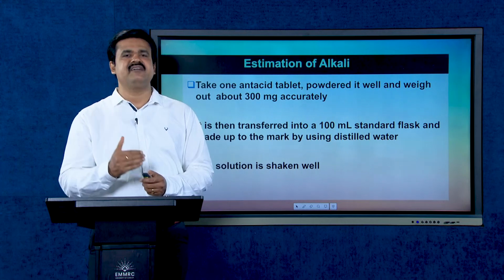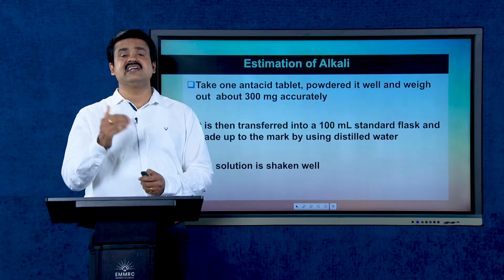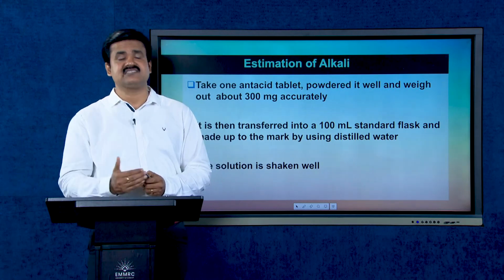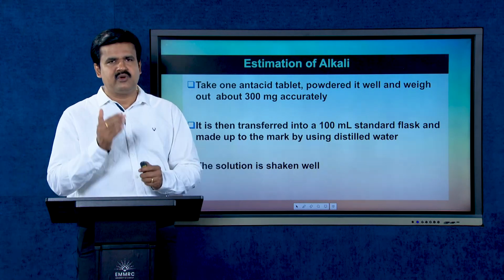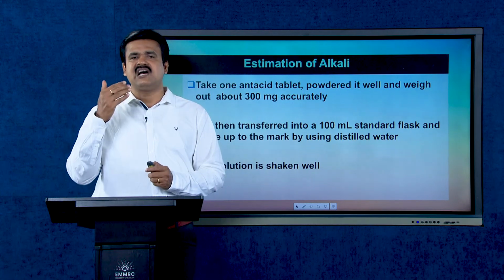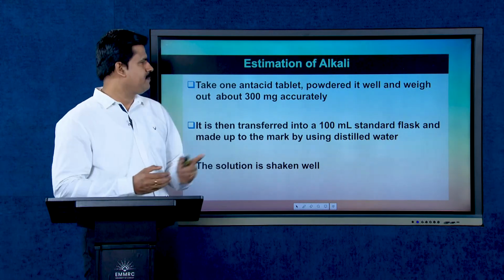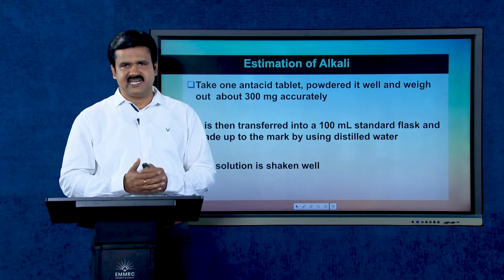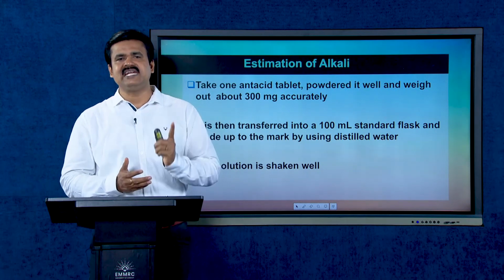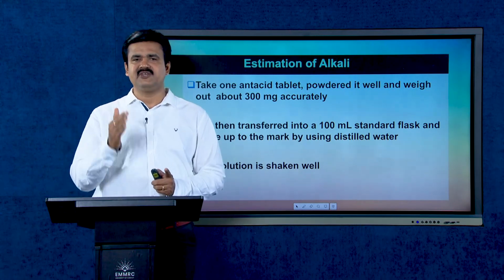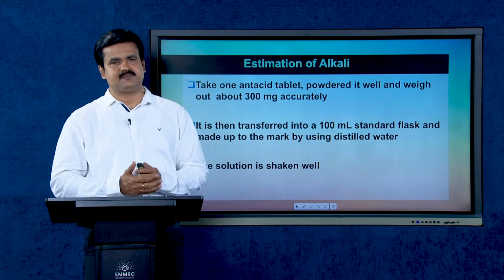For the sake of convenience, we are weighing out 300 milligram of the antacid tablet. This weighed out antacid is transferred to a 100 ml standard flask and made up to the mark using distilled water. Remember, we have to use distilled water for this experiment.